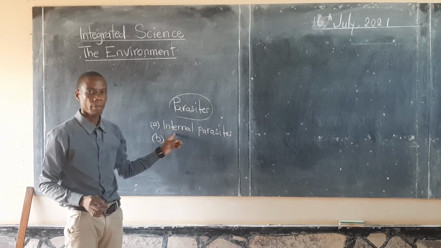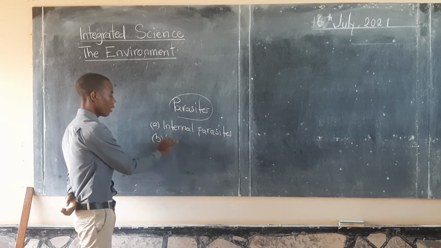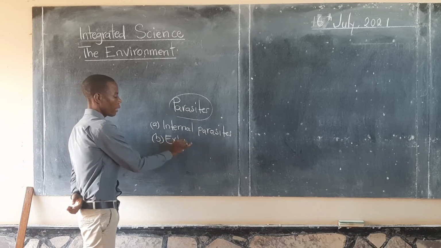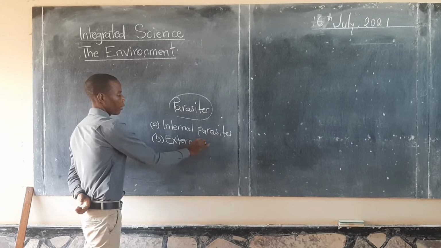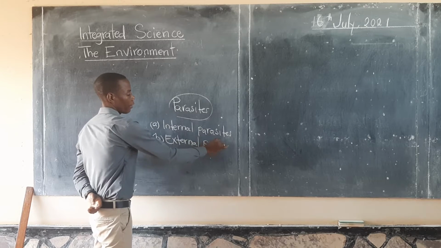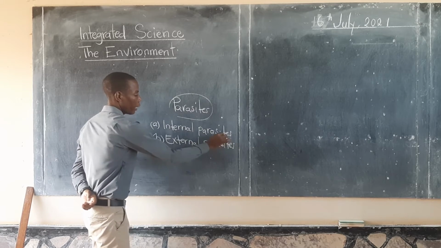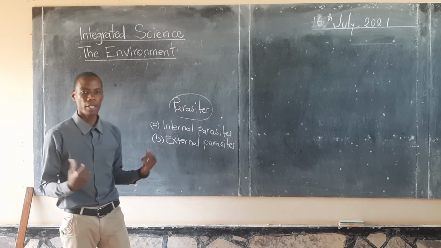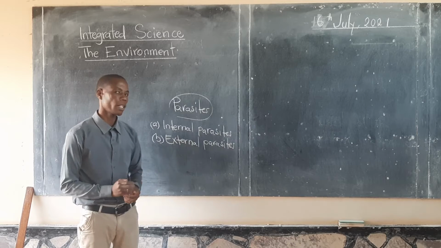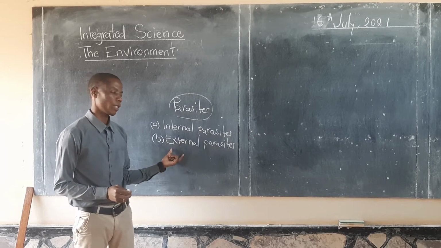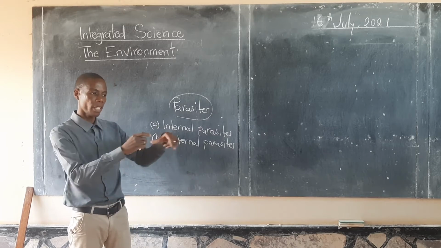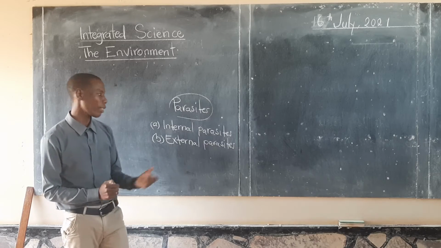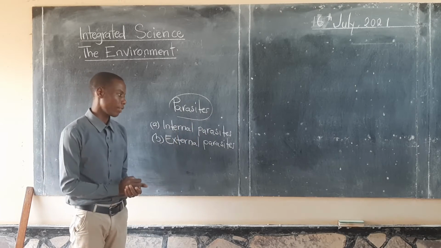Apart from internal parasites, we mentioned the external parasites. We said external parasites live outside the body of the host, or outside the body of the animal or the plant that provides food for them.